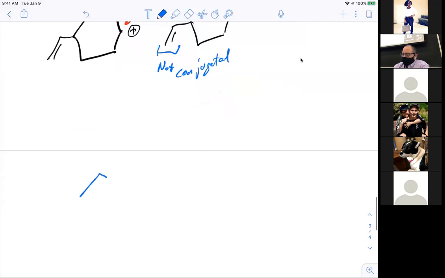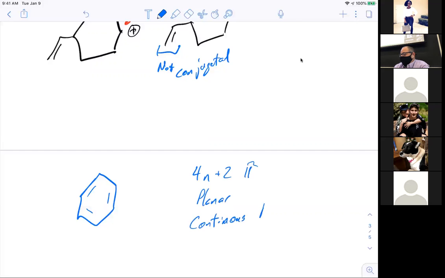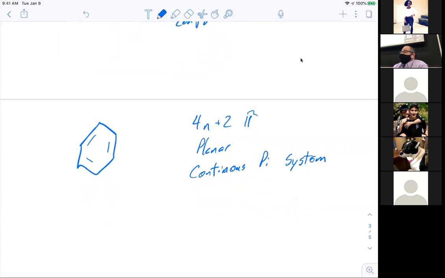You know, when we go to aromatic, you have Huckel's law, right? So you have the 4n plus 2 pi electrons, planar, continuous pi system. So at this point, you should be able to recognize simple aromatics.